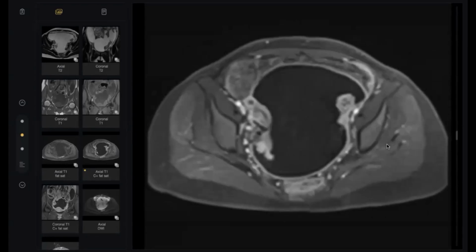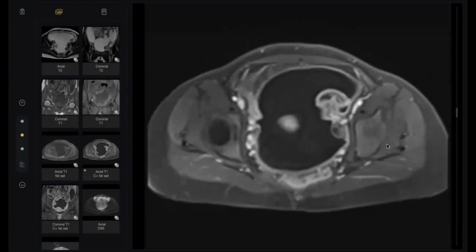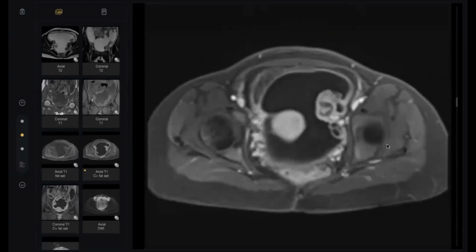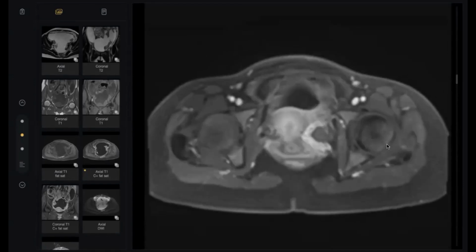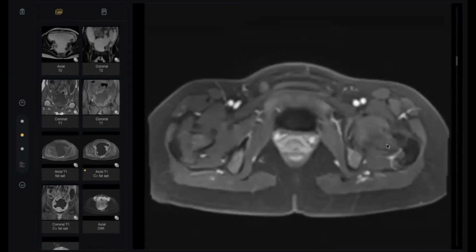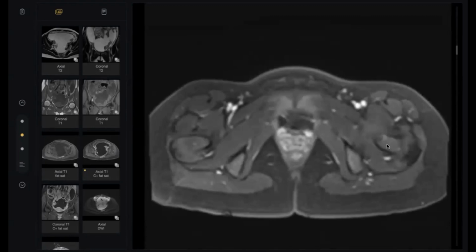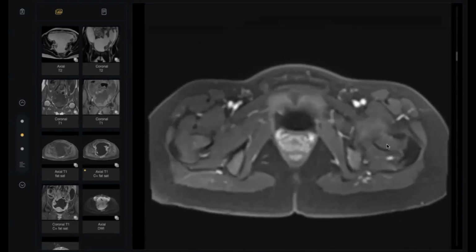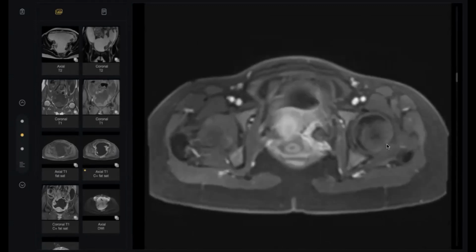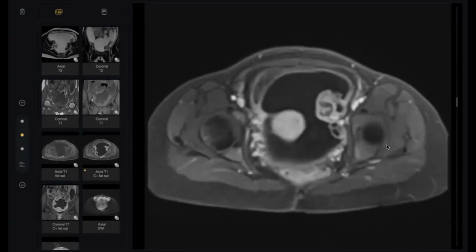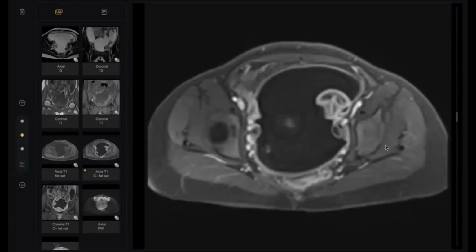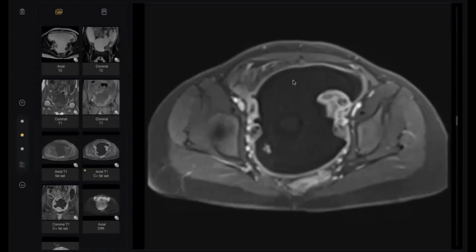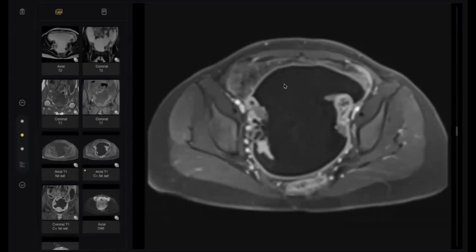As I scroll upwards, this is continuous with the pelvic region as well. This is post-contrast, with enhancement of the peritoneum, and there is also some omental caking noted. So the first differential that comes to my mind is peritoneal tuberculosis.